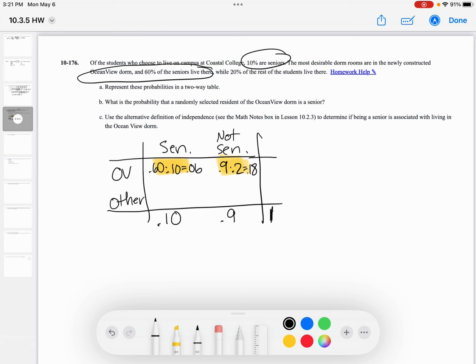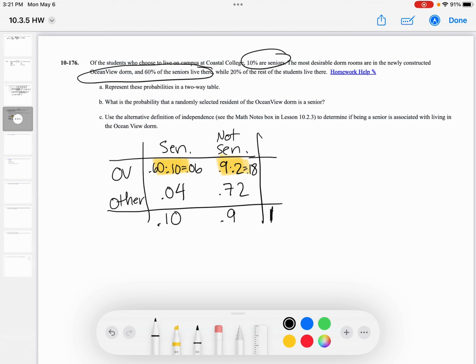All right. Now I've got to fill in the rest of my box, right? What goes here for seniors and other housing? Well, 0.06 plus something is 0.1, so that's going to be 0.04. And here, 0.18 plus something is going to be 0.9. That's going to be 0.72.